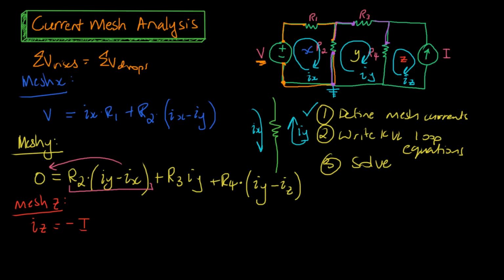But we'll notice that it was on the left-hand side of the equation, but it had IX minus IY. So you can see that these are the equivalent, because if I wanted to take this term to the other side, well, I would subtract it away. So we would have minus R2 times IY minus IX, which is the same as R2 times IX minus IY.